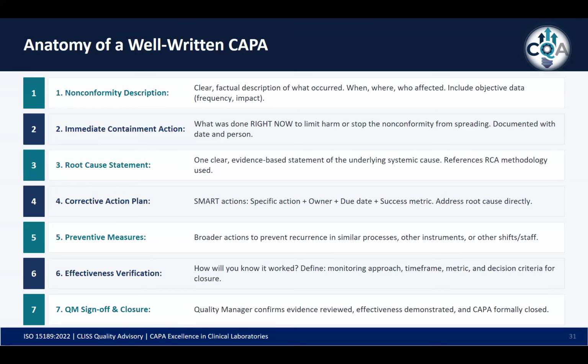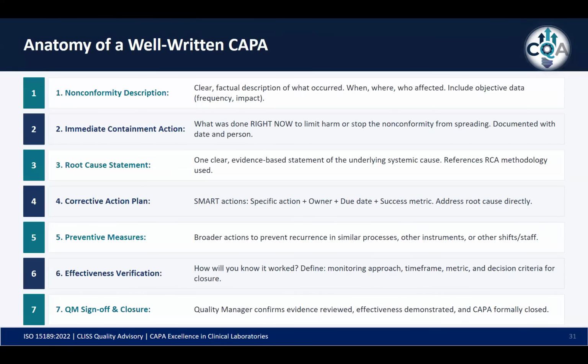Number one, the non-conformity description should be a clear, factual description of what actually happened, when, where, and who was affected. Include objective data that will tell us the frequency and the impact.